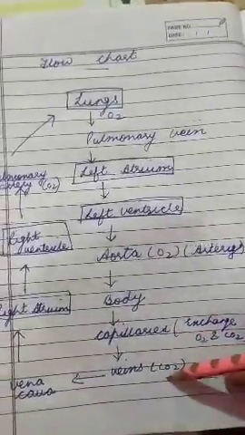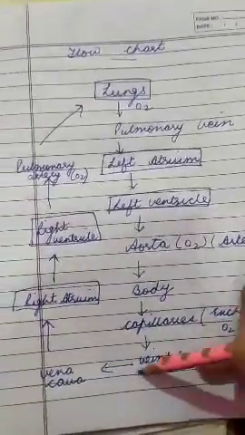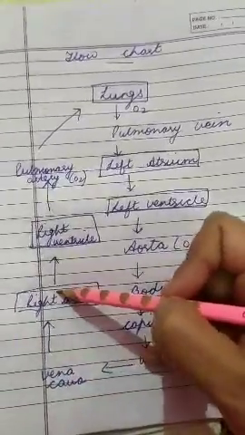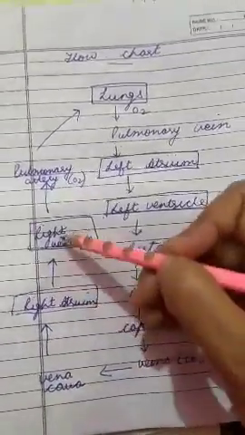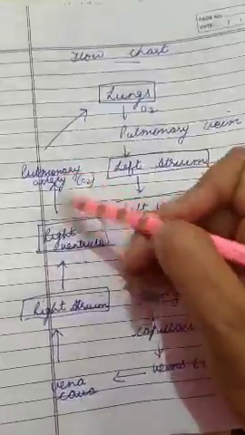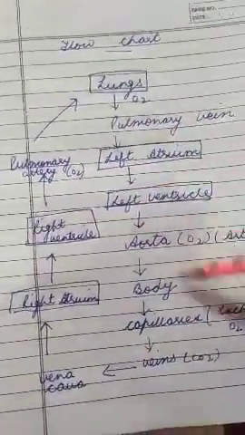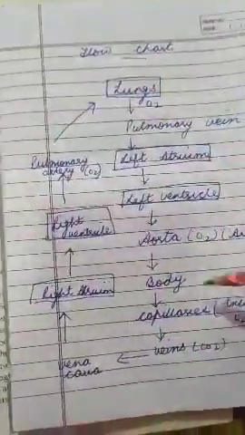Then veins contain the carbon dioxide rich blood, and from the vena cava, the largest vein, it goes to the right atrium, from the right atrium to the right ventricle, and through the pulmonary arteries it again goes to the lungs. So it comes to the heart twice, once this side and again a second time. Hope you understand this flow chart.